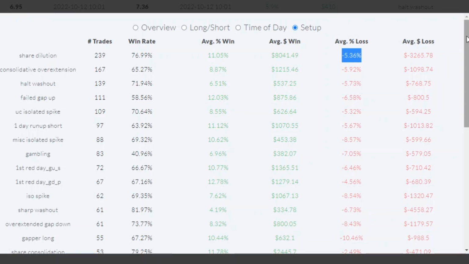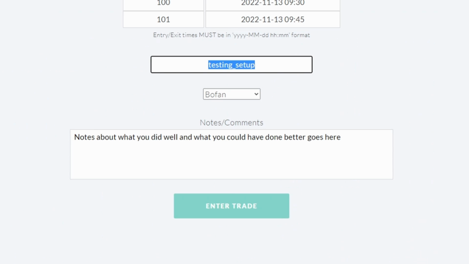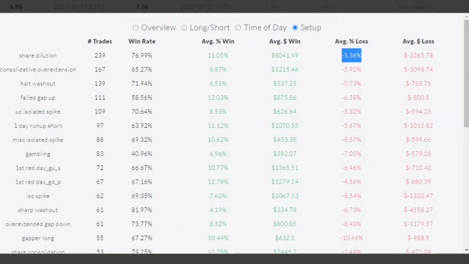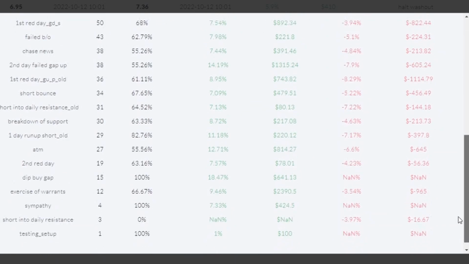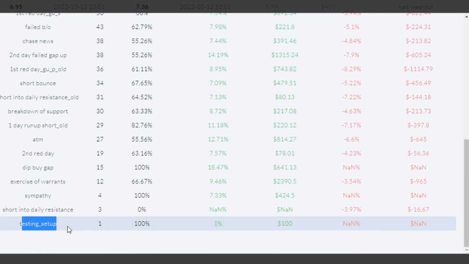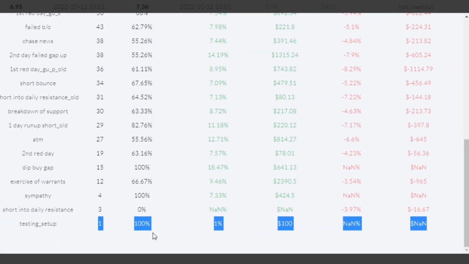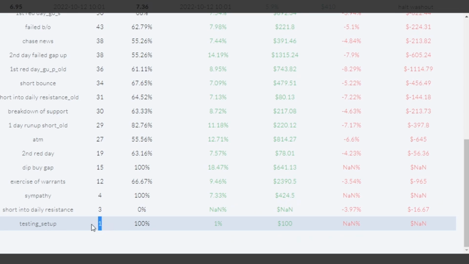The cool thing about what this custom software does is, remember that trade that we inputted, the testing setup? If we input that, what happens? You see it at the bottom, because there's only one instance of it. The strategy is called testing setup, and it calculates the breakdown of that specific strategy, but you've only traded it once.